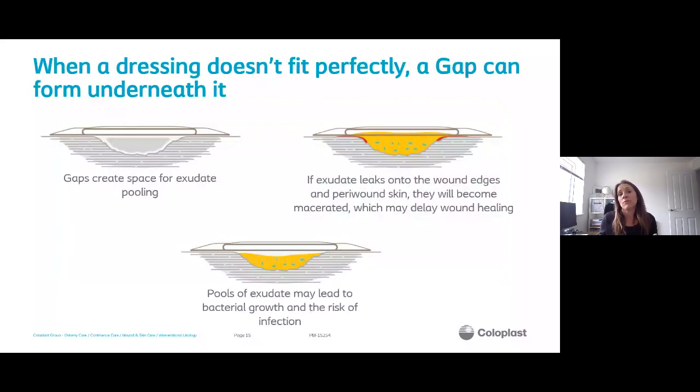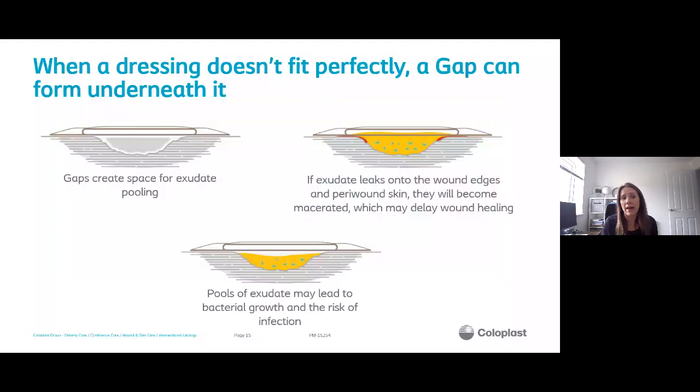When a dressing doesn't fit perfectly, a gap can form underneath it. And certainly when we're looking at skin tears, we quite often see that they're superficial wounds, or they're normally described as superficial skin loss, which isn't wrong, but actually it does still allow for a gap to form.